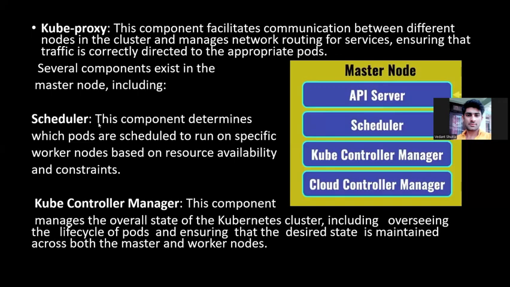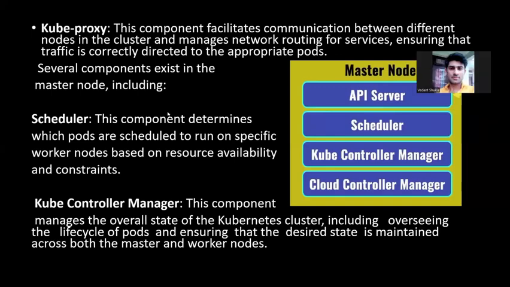The basic idea is the same, but here this component determines which pods are scheduled to run on a specific worker node based on resource availability and constraints. Sometimes in node 1 all containers are running and there is no empty space. So the scheduler, when many users are coming to our server, takes a second server, takes a pod on it, and inside that pod runs a container for running the application for that user.